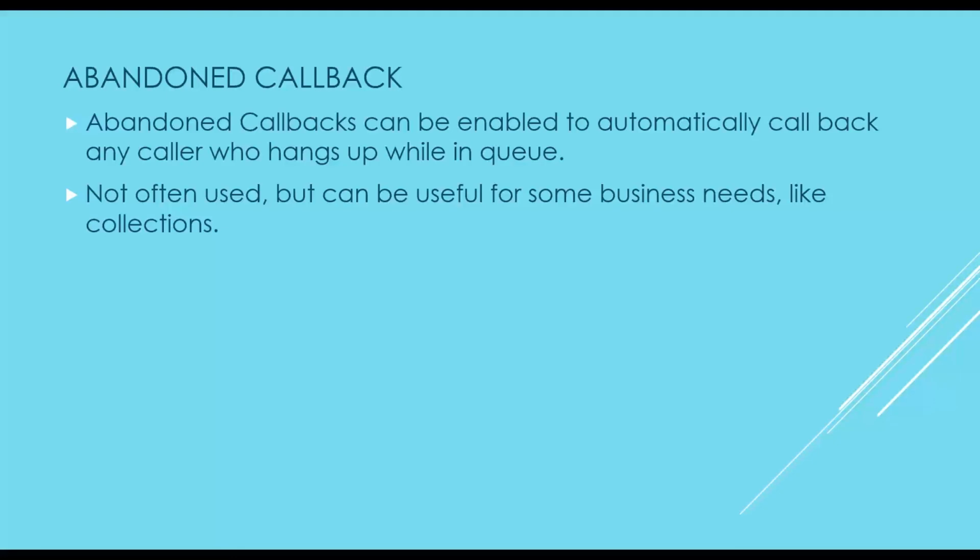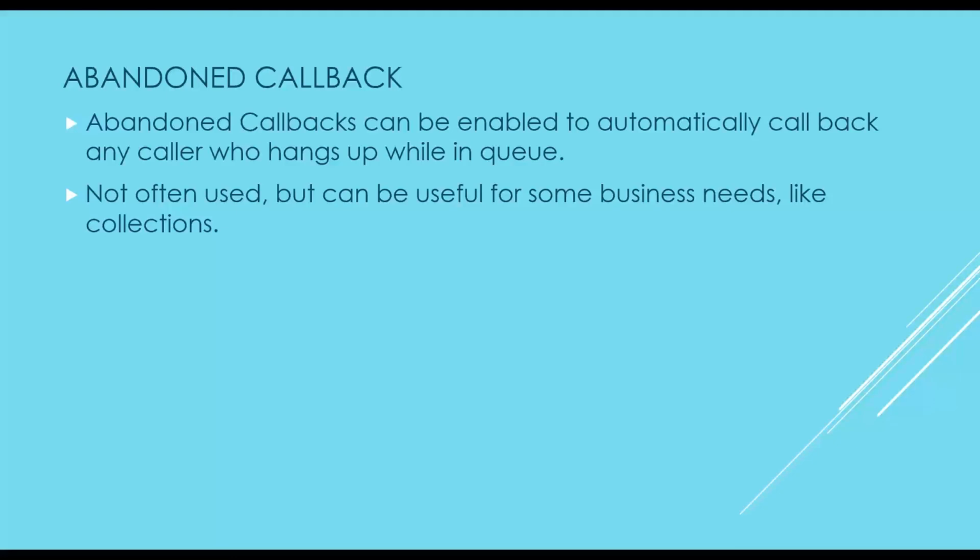The important thing to note there is that we're going to be calling back anyone who hangs up based on their caller ID. So obviously, if they're calling from a business or some other shared number, something that's not going to reach them directly when you call it back, that's what's going to happen.